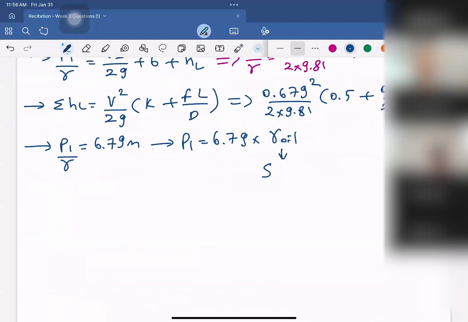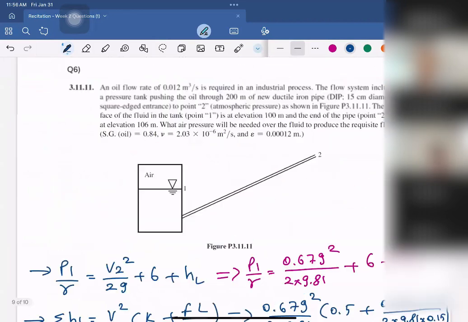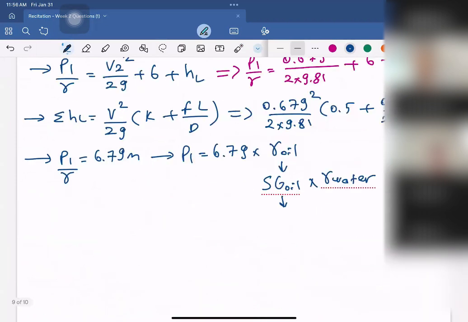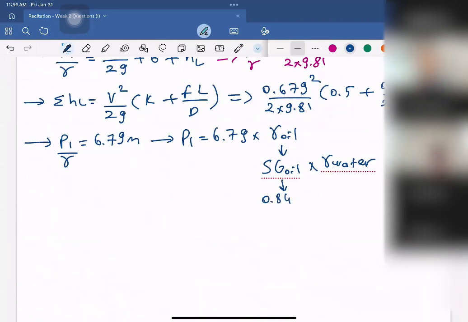And to find that, we need to use specific gravity of oil times specific weight of water. This was given as 0.84. And again, the specific weight of water in SI units. And finally, this gives 55.8 kilopascal.